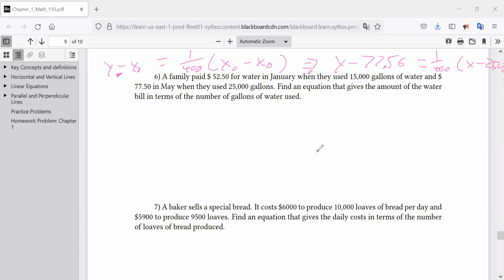And you could rearrange that. We already have this is the slope. You could rearrange that a little bit to put this into slope intercept form, which I'm not going to do just because I don't want to waste the time with all of the calculations. But if you've got a calculator, it should be pretty easy to figure out. If you have Y is equal to MX plus B, that's how much you pay.